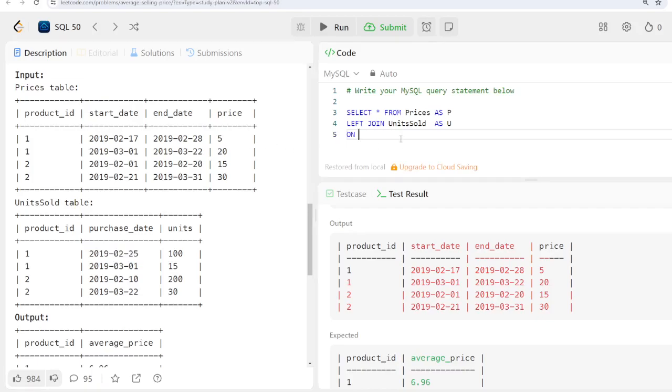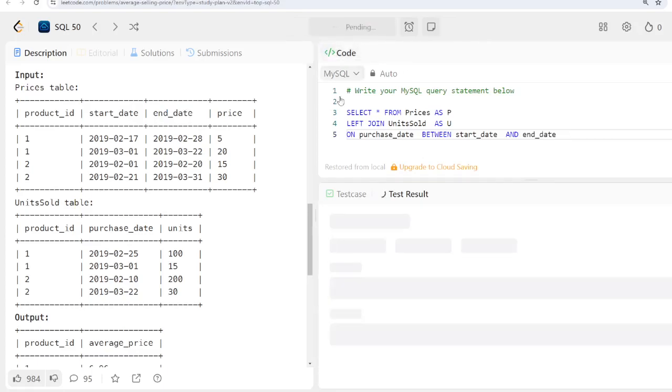So first condition will be that this purchase date, let me copy this purchase date, between the start date and end date, right? And end date. Okay, and now let me run this.